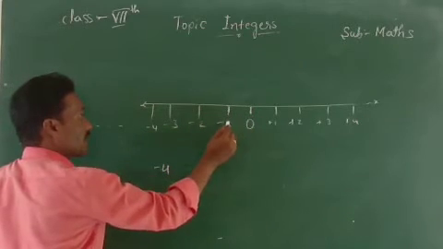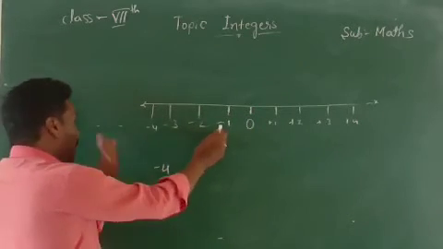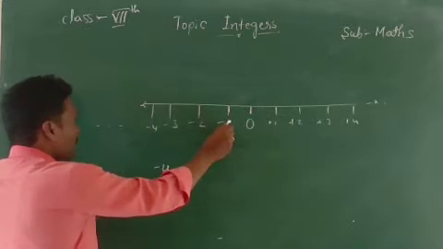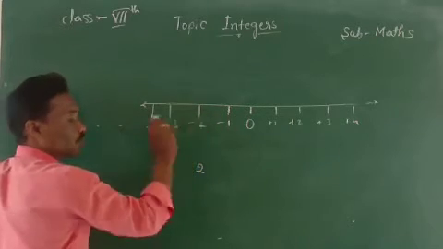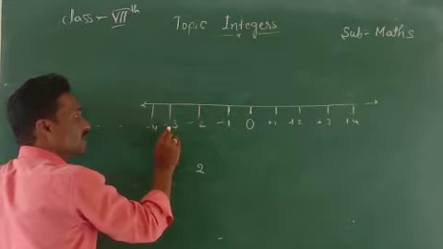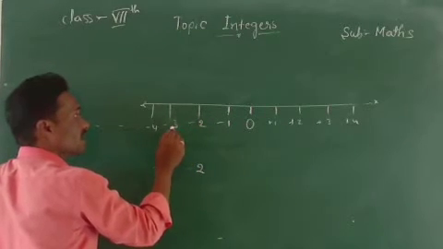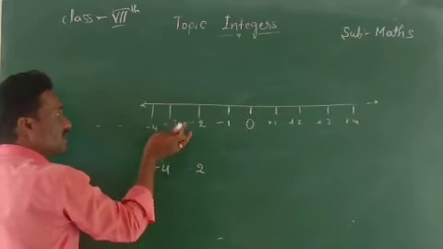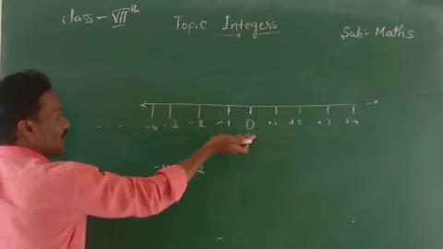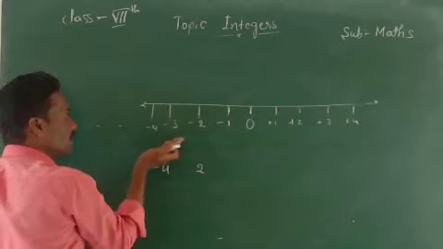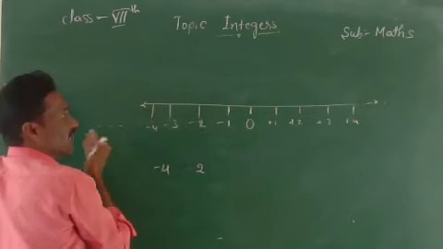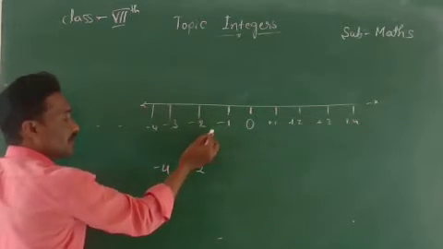Suppose here 0 is there, minus 1, minus 2. Minus 1 is greater than minus 2, and minus 3 is smaller than minus 2, which means minus 2 is greater than minus 3, and minus 3 is greater than minus 4. On the number line, if you keep moving on the left side, the value will decrease.